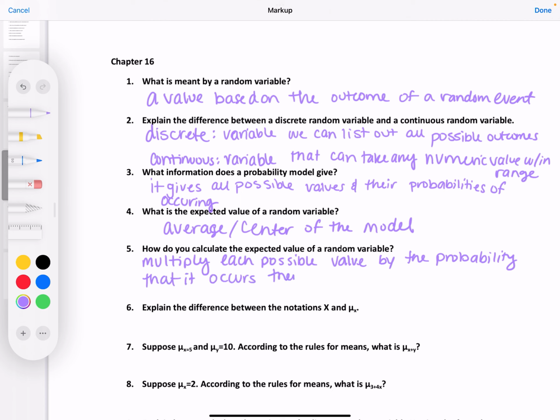Then find the sum. So E of x, which is expected value, is equal to the sum of x times the probability of x.